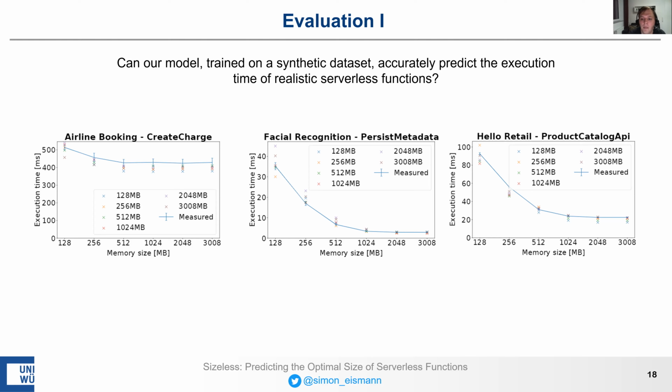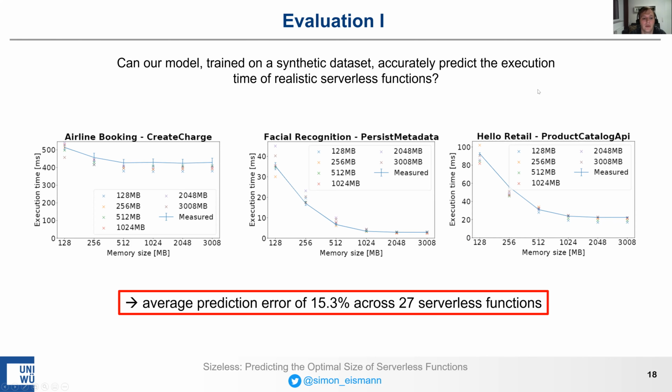You can see here that while it's not always spot on, the model very accurately captures the shape of the curve, so the impact of memory size. For example, here it knows that there's a slight speed up expected, and then no speed up anymore. Overall, we have an average prediction error of 15.3% across 27 serverless functions.